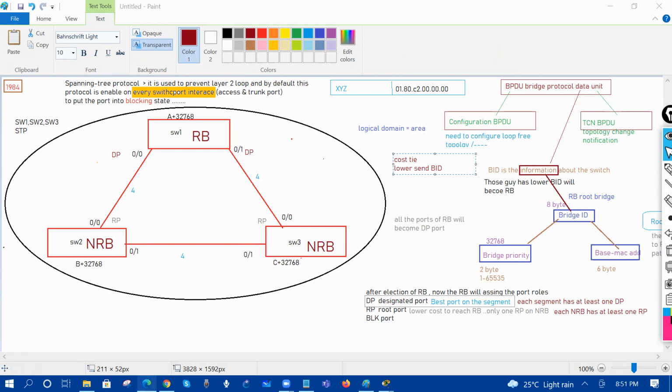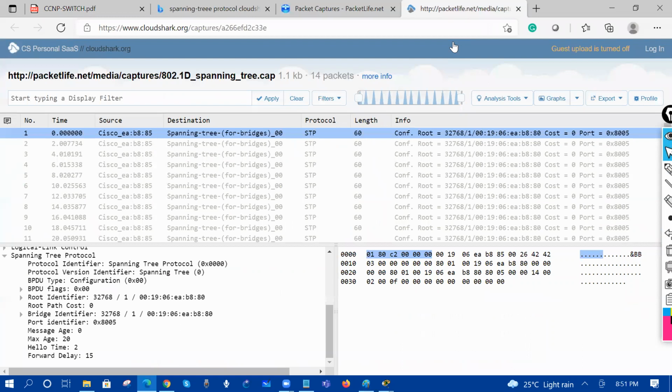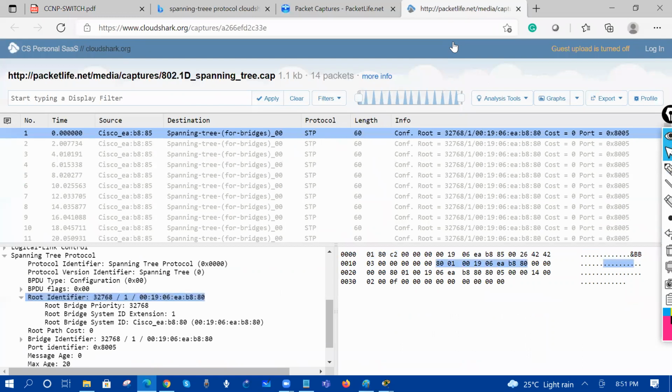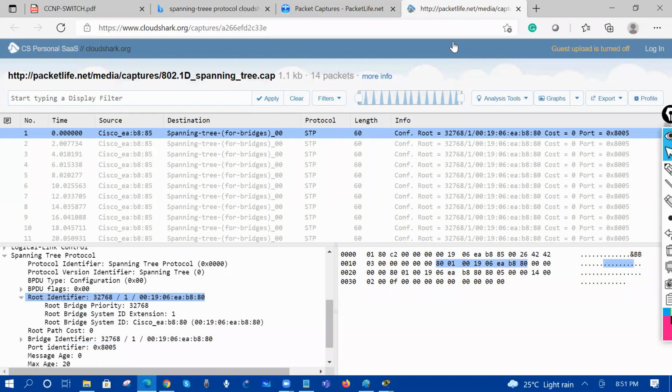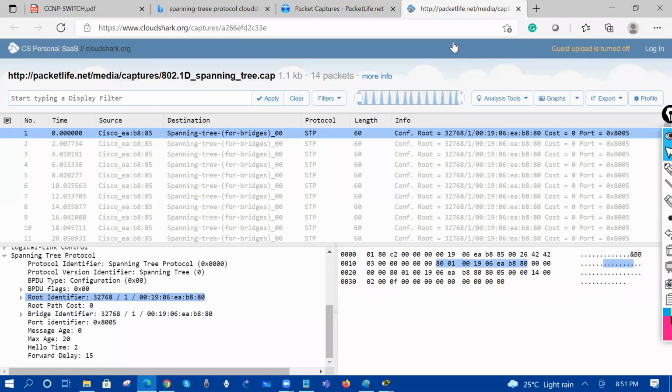In the BPDU you have a root identifier and a bridge identifier. One tells who is the root bridge, and the other tells who is sending this BPDU.